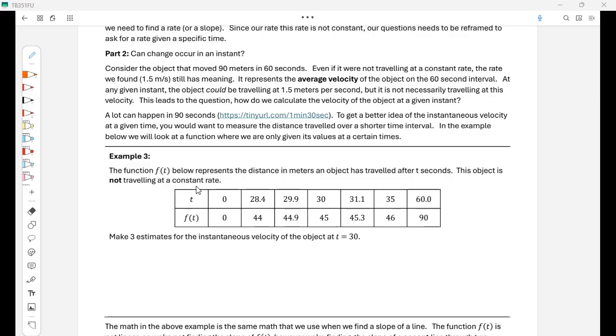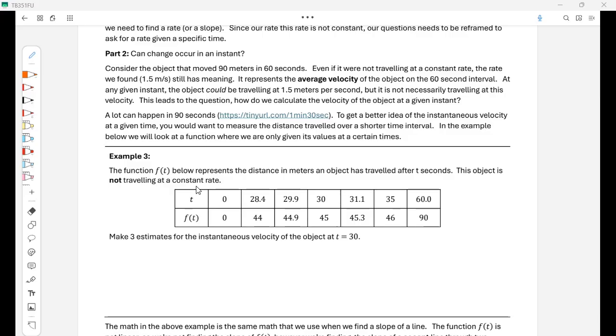I'll start off by saying even if we're not moving at a constant velocity, that 1.5 meters per second still has a meaning. If something moves 90 meters in 60 seconds, that is its average velocity. It wasn't always traveling 1.5 meters per second, but if you had one object that was changing but had an average velocity of 1.5 meters per second, it would get to the same place in those 60 seconds as the object that was changing.